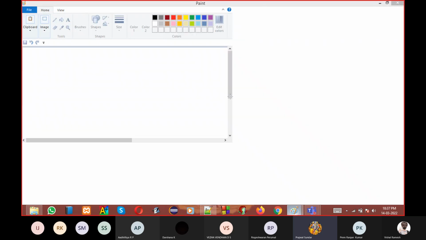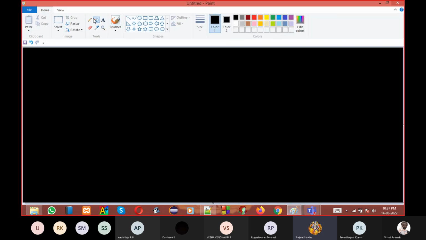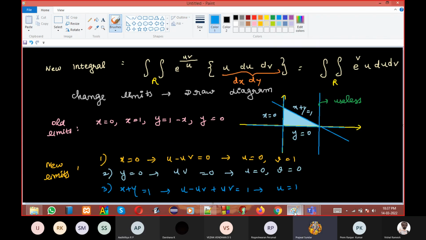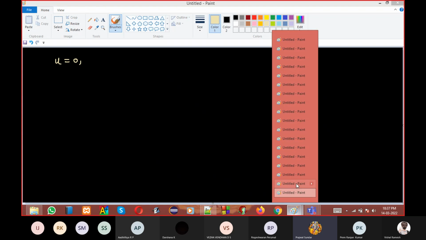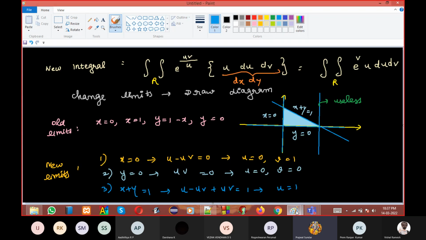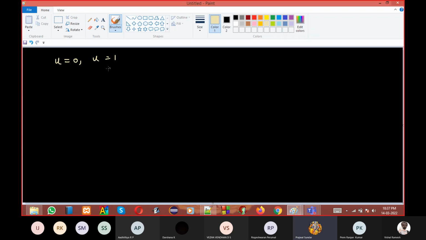Can I proceed? Right. Look at the new limits. What are all the curves? u equal to 0, u equal to 1, v equal to 0, v equal to 1.